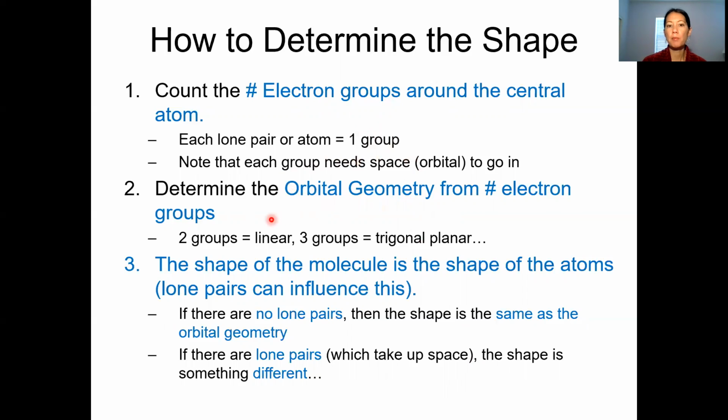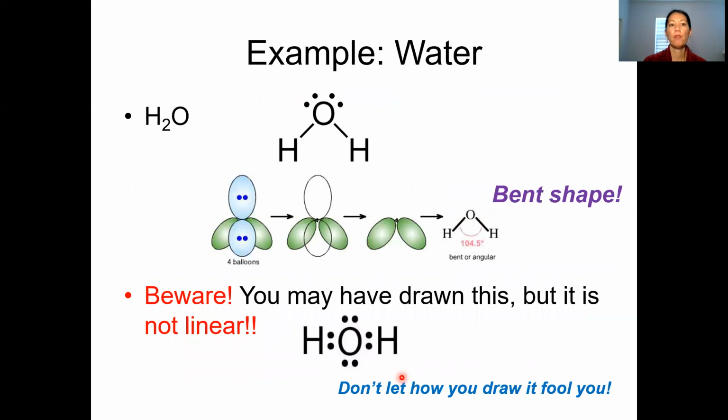The orbital geometry is basically the orbital shapes, the balloon shapes. 2 groups is linear, 3 groups is trigonal planar. Then the shape of the actual molecule depends on whether or not you have lone pairs. Lone pairs take up space and they influence the shape, but to name the shape, we only look at the atoms.